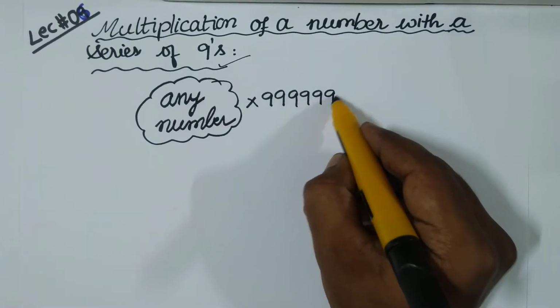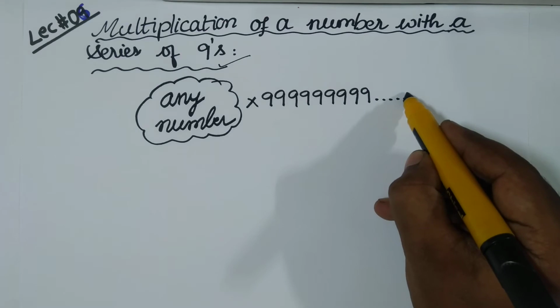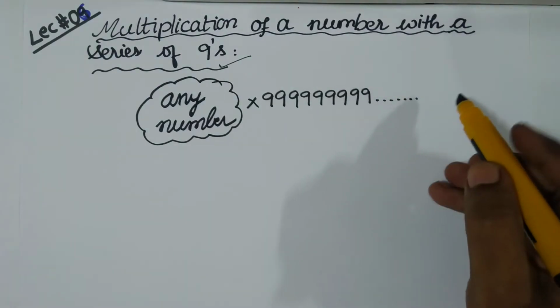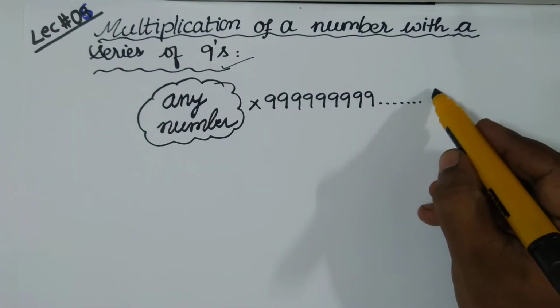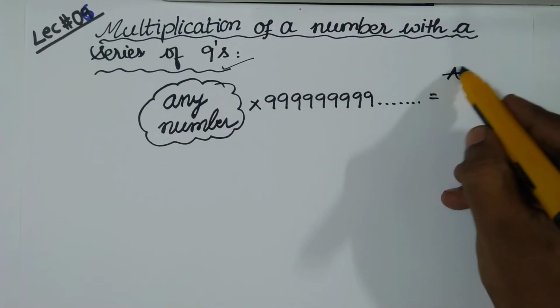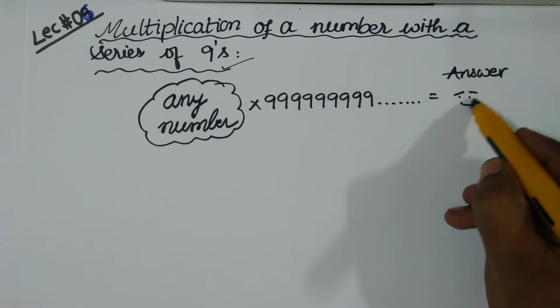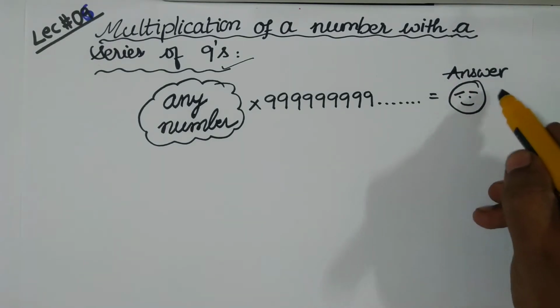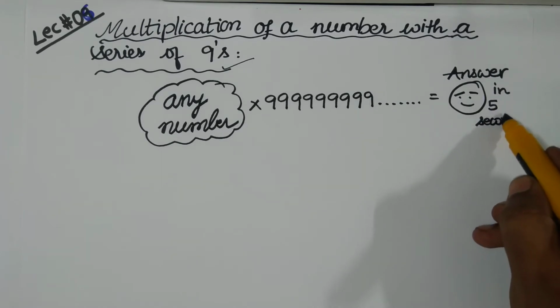You can take 100 nines or 1000 nines, doesn't matter. Any number multiplied by a series of nines, you will get the answer in no time. It's very simple. You get it in 5 seconds approximately.